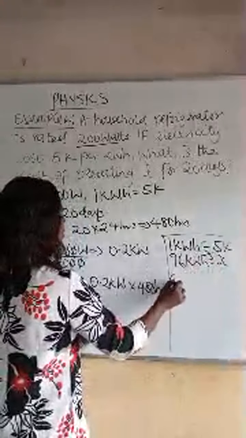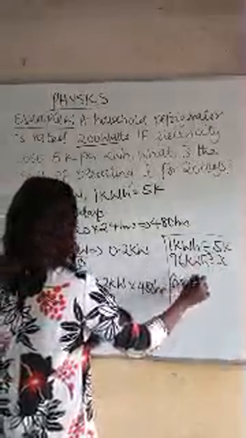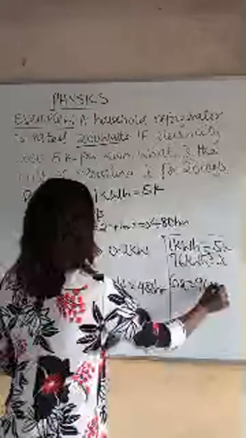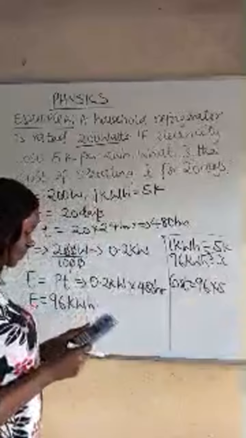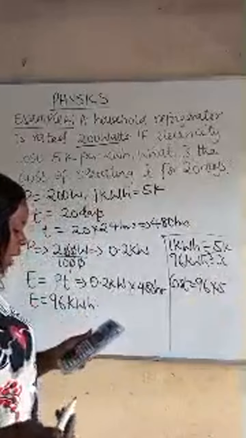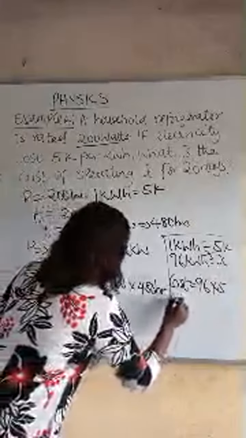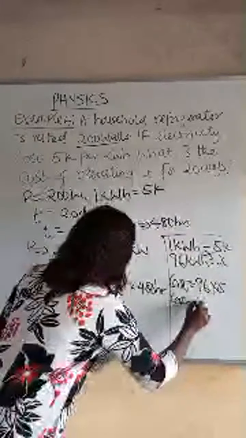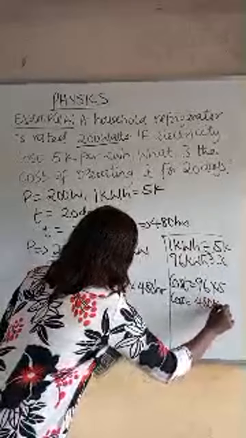Then I will cross multiply. My cost is equal to 96 times 5. I'm going to have the cost to be 480 kobo.